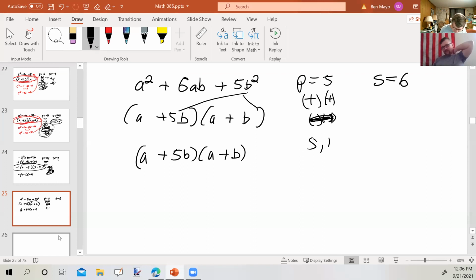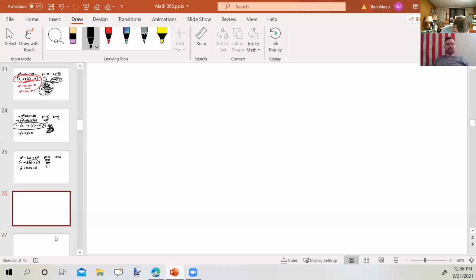Okay, let's take a look at this one. 3y squared minus 21y plus 18. Now, this is a trinomial. It's in standard form, but it doesn't have a leading coefficient of 1, does it?